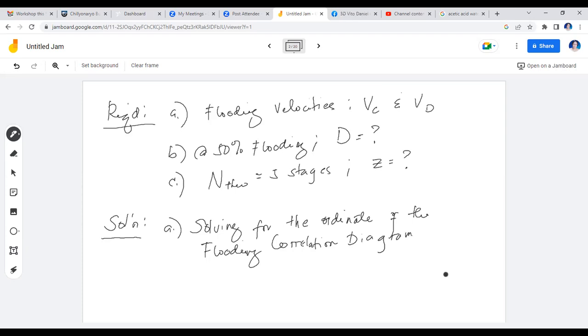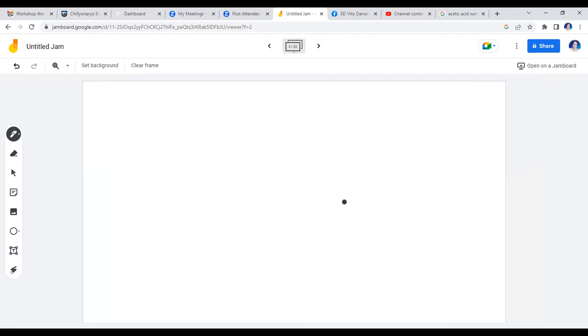So I will just write the equation on the next slide. So your ordinate equation is sigma divided by rho c. This is raised to 0.2.